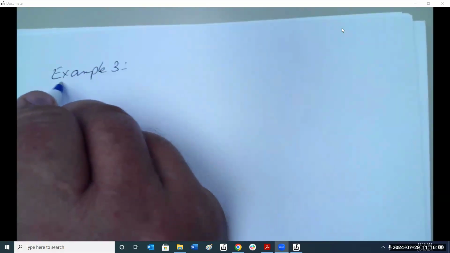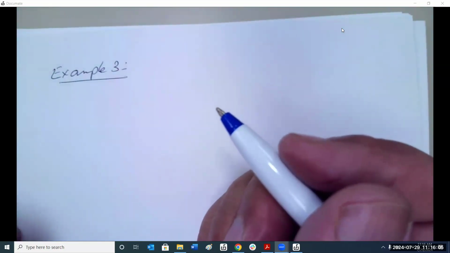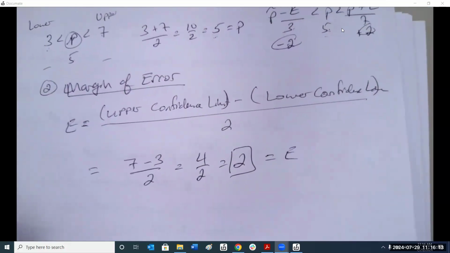So let's look at example 3. Sorry, Professor, what did you get as the final answer there for example 2? The margin of error is 2. Yeah, because the upper bound is 7, the lower bound is 3. 7 minus 3 is 4, divided by 2.